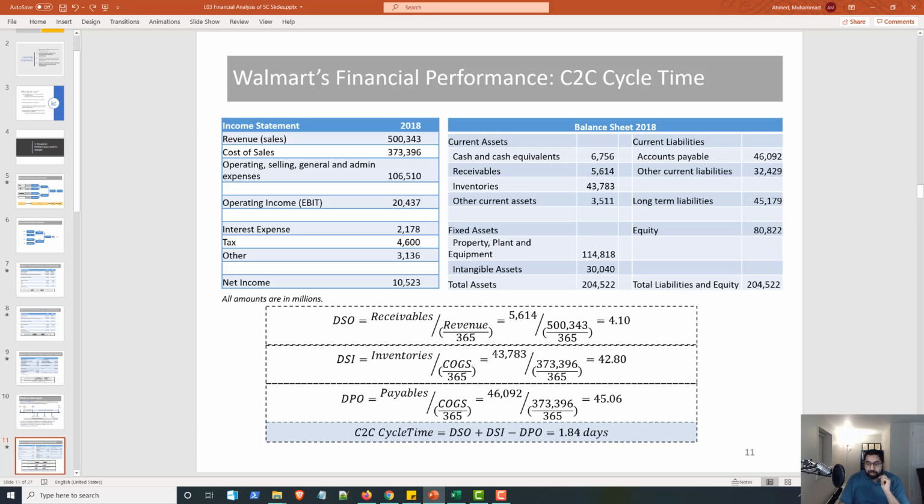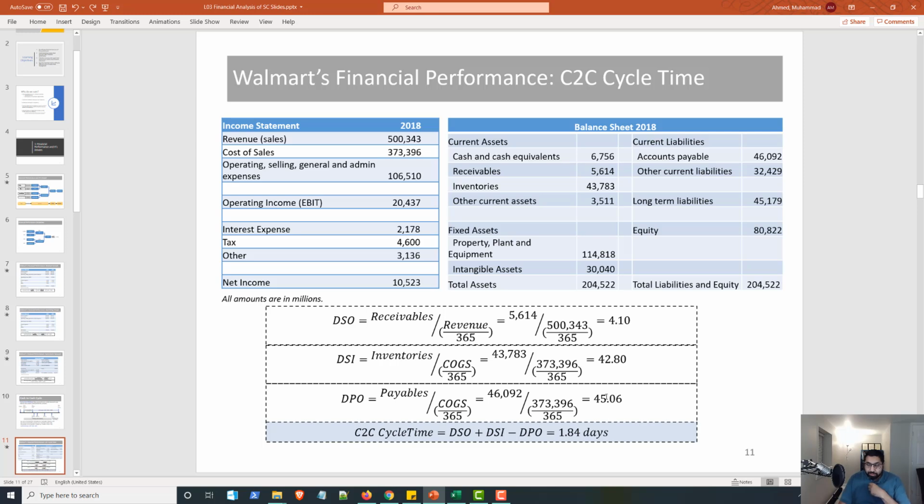Now, this number, cash to cash cycle time, can be negative. In this case, the supplier is not financing all the working capital requirement of Walmart, the net is about 1.8 days. So Walmart is positive, it's plus 1.8 days. So Walmart has to finance 1.8 days worth, right?